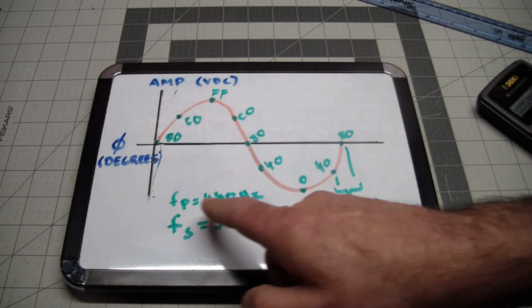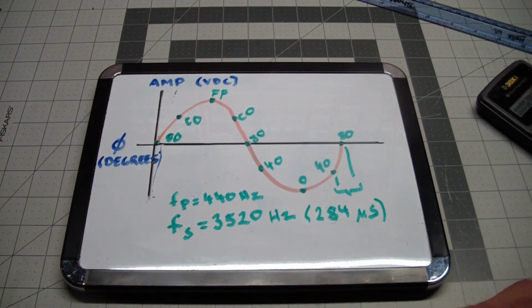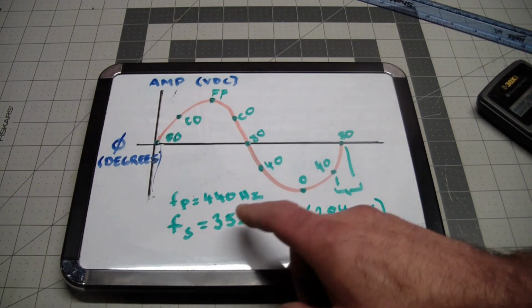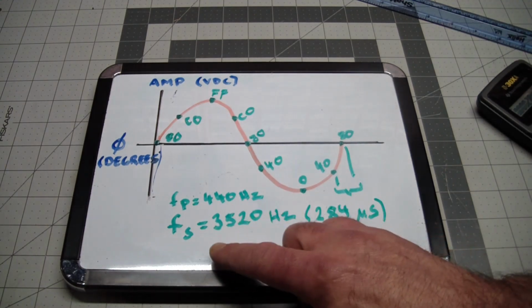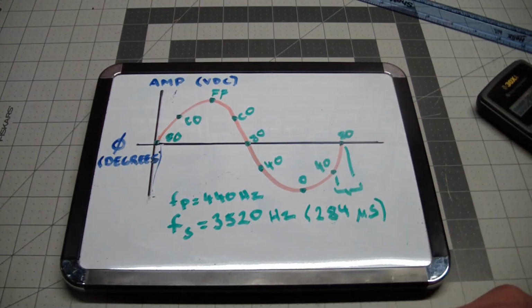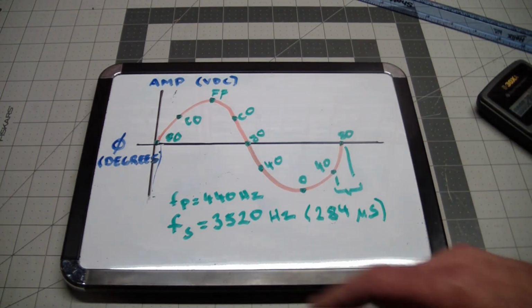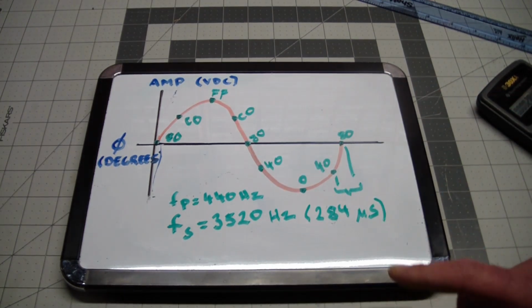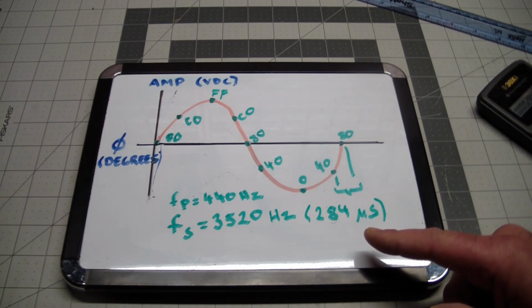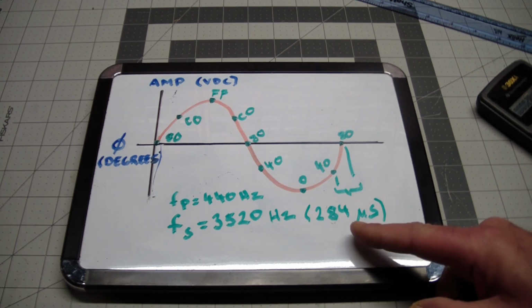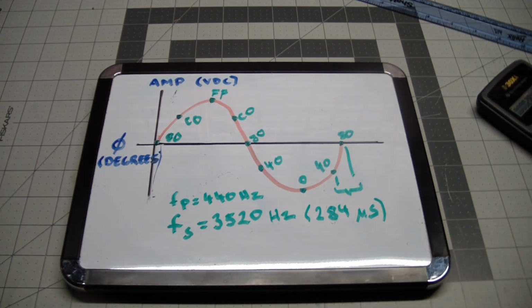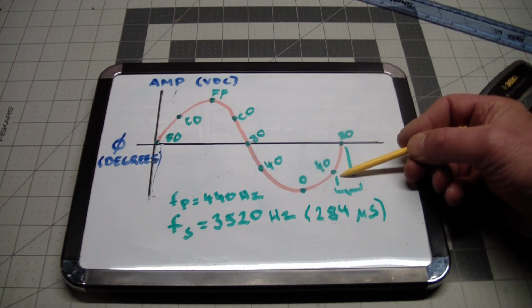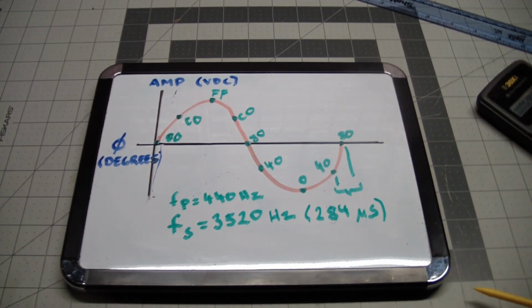So the frequency of the pitch is 440 hertz. However, the sampling frequency is the pitch times 8, because we have 8 samples, which is 3520. And if you take the reciprocal of that, you end up with 284 microseconds. And that is the time from one sample to the next.